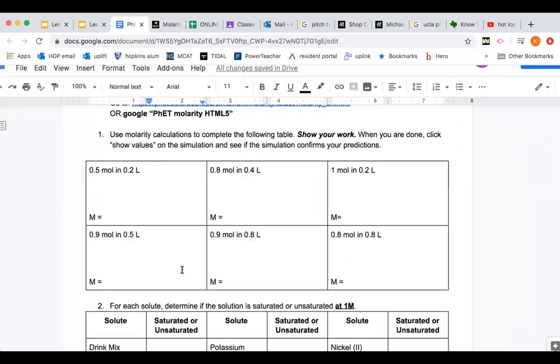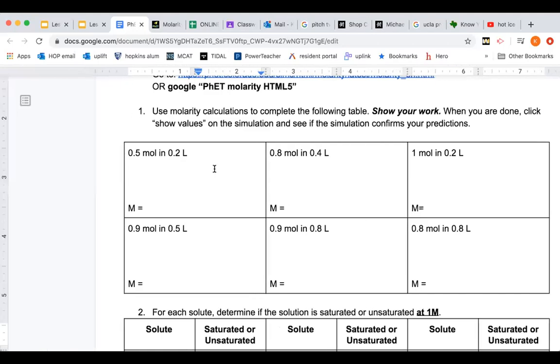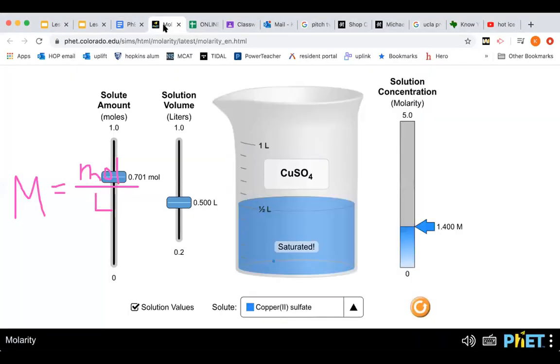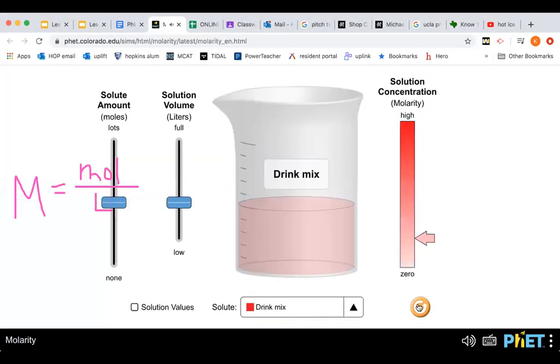Part 1, you are doing a very basic molarity calculation. You are just doing molarity is equal to moles divided by liters. That's it. I've given you moles and I've given you liters. So what is cool about this is you can go to the simulation. Let me reset it.